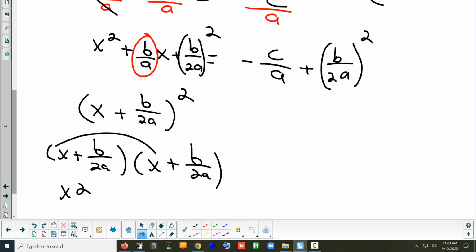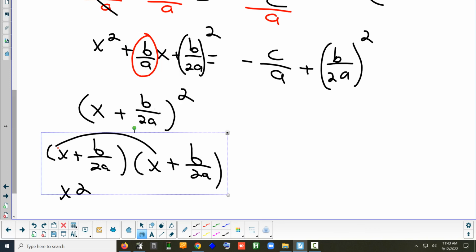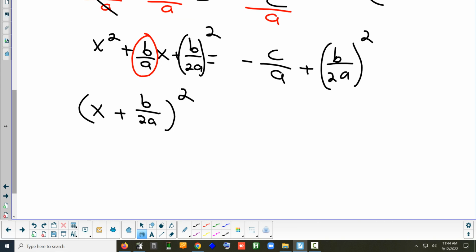X squared. You get x times b over 2a and another x times b over 2a. So you have two of them. That essentially cancels out this 2 because you have 2 of the same thing. So the 2 is gone, and you have x b over a. And that's what we have right there. And then b over 2a times b over 2a is b over 2a to the second power. So that is correctly factored.